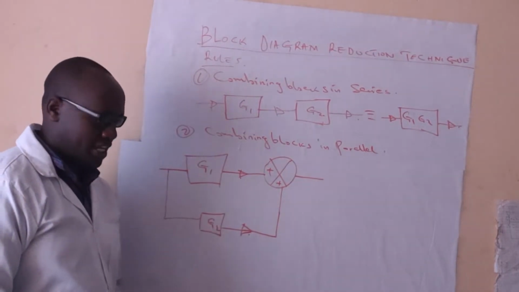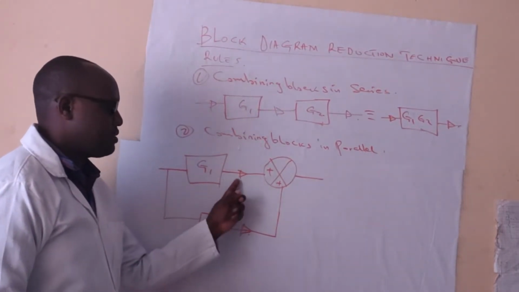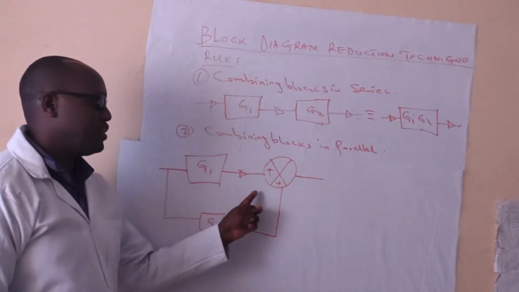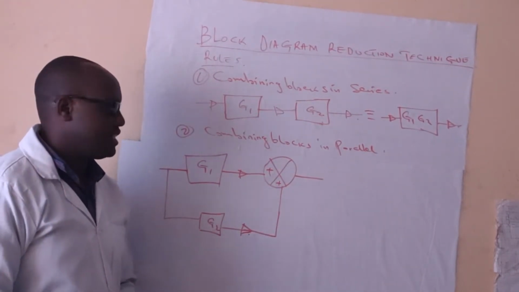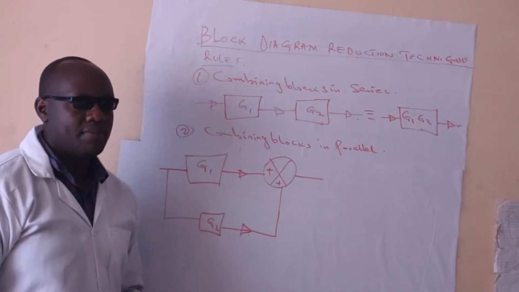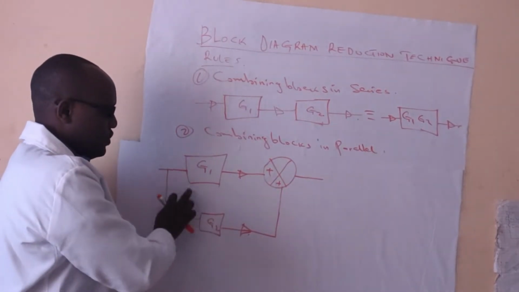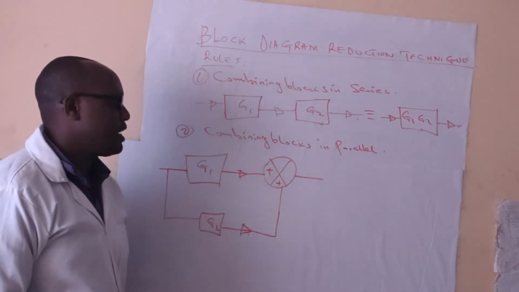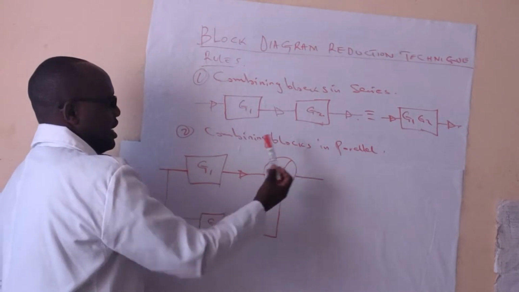So these two blocks, as the guiding principle, the arrows are all pointing to the summing point. So this arrow and this arrow are heading to the summing point. So these two, we say they are in parallel.